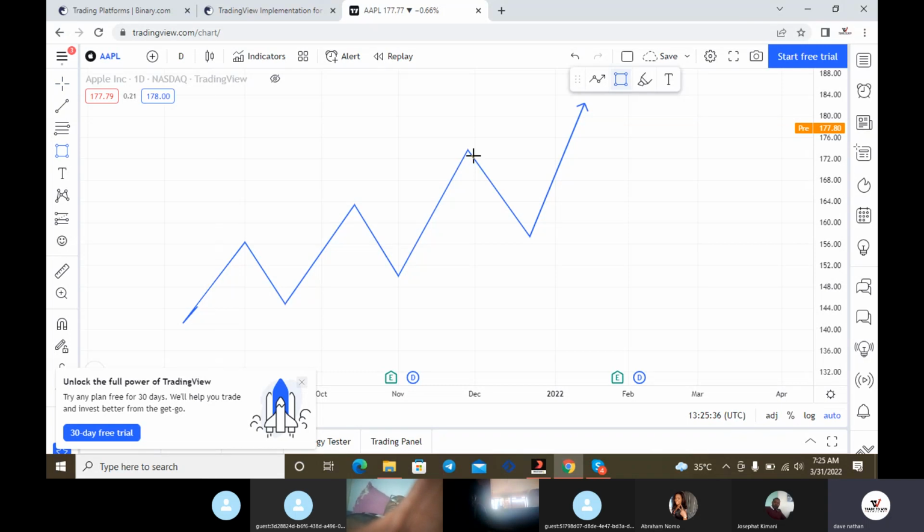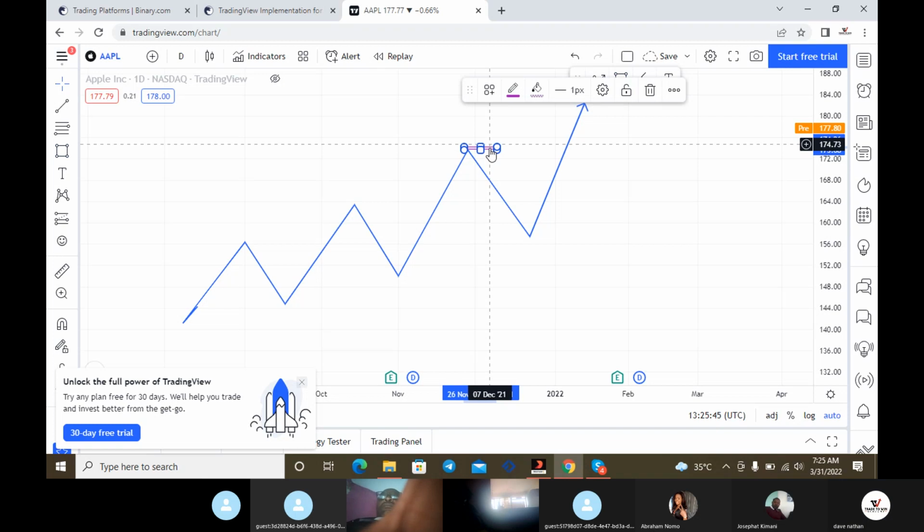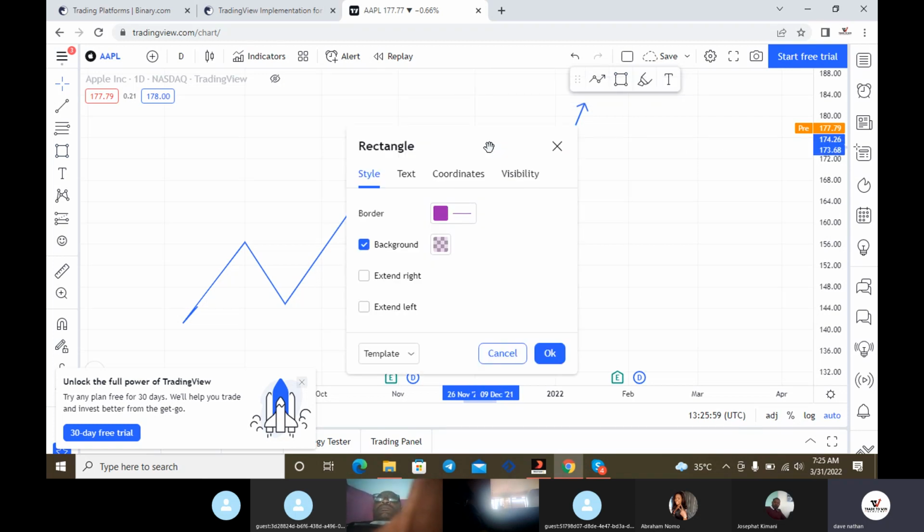Now we have this level. Let's say we want to take a buy opportunity in an uptrend. You take them 60% towards the support level, not 50%. Let me explain that.